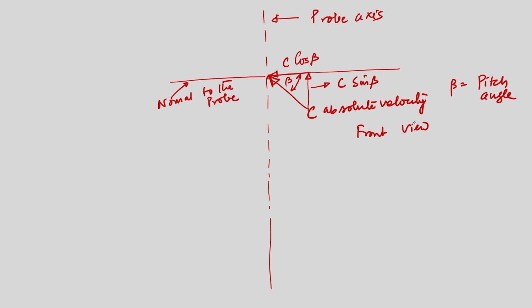Now, if we take the top view, it will be like this. This is c cos beta, and this angle is phi, and phi is the yaw angle.